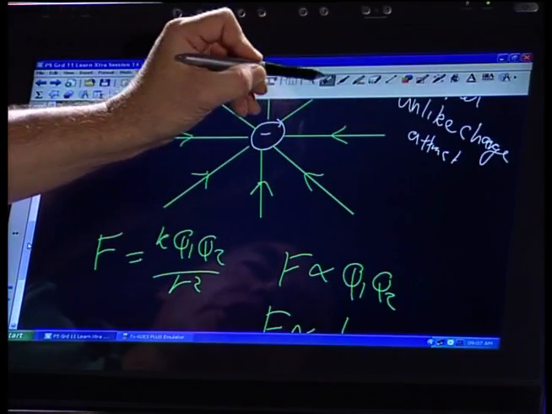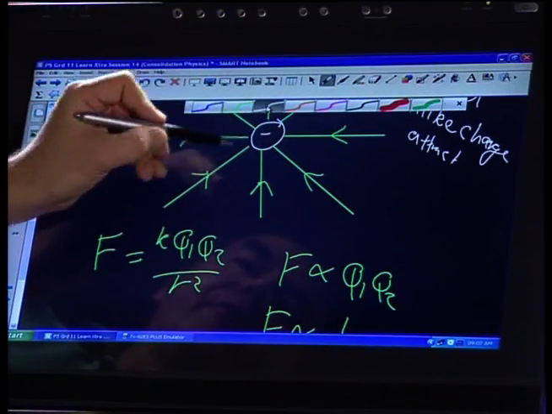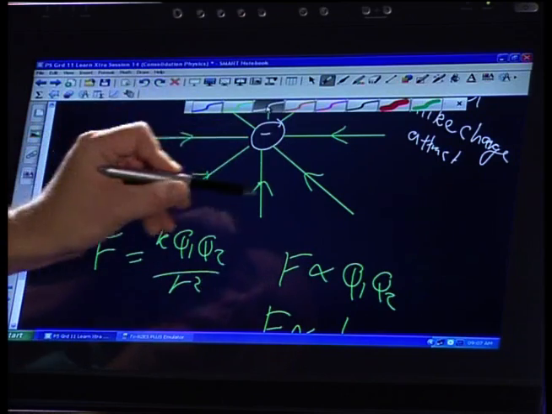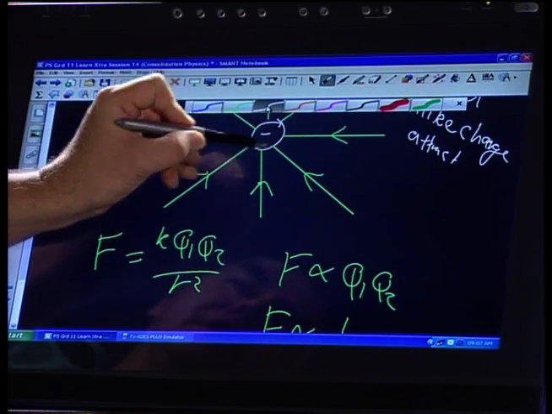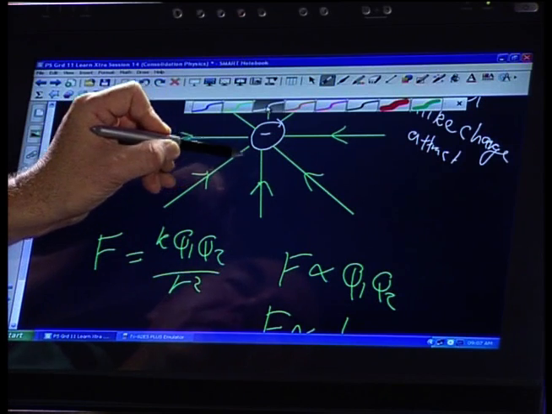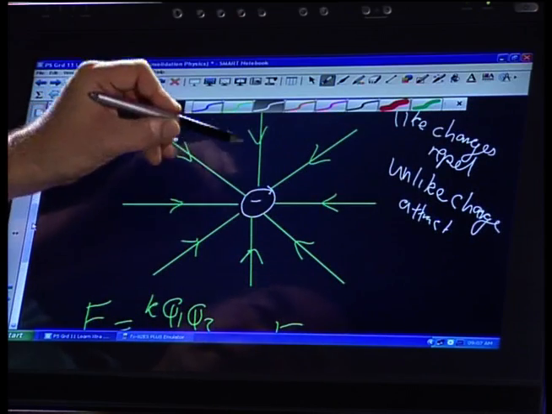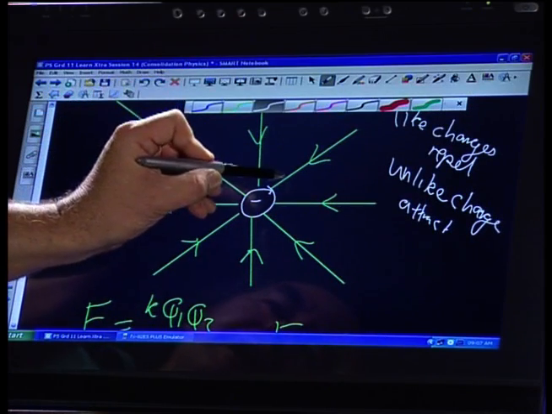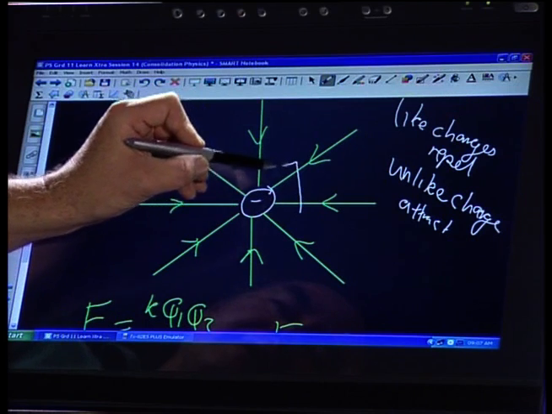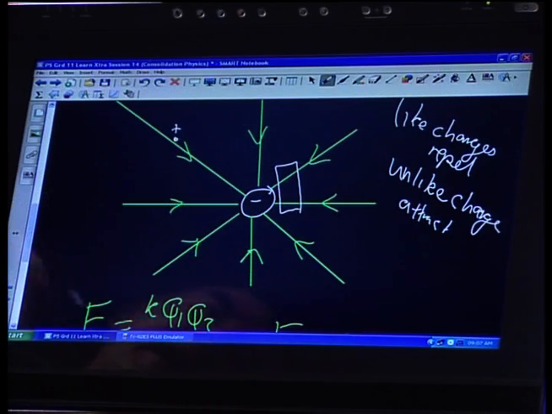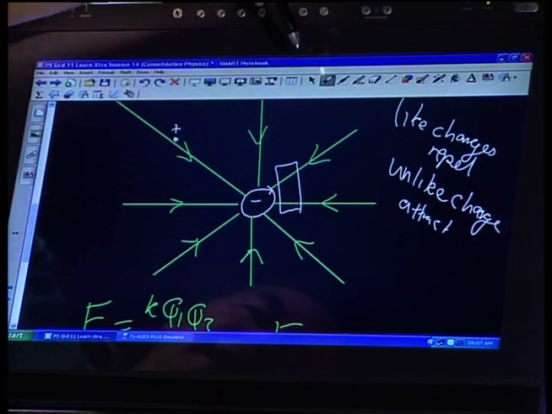Notice as well that that means that the further we go away from the big charge, the mother charge, the weaker the field gets. And we can see this by looking at the field line, and we say, okay, if I draw a rectangle around there, that rectangle has got 2 field lines crossing through it.